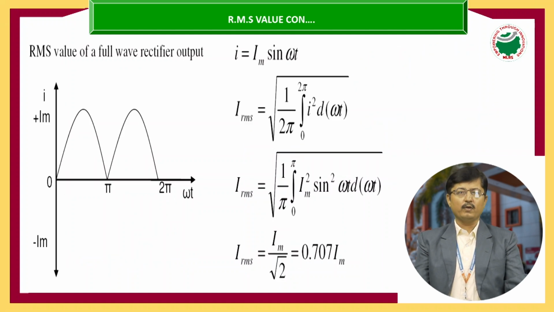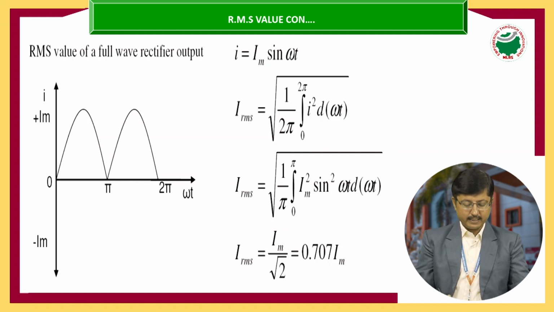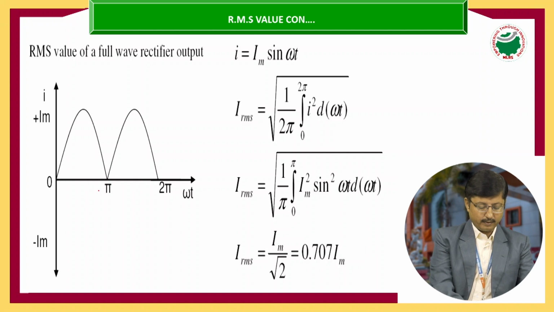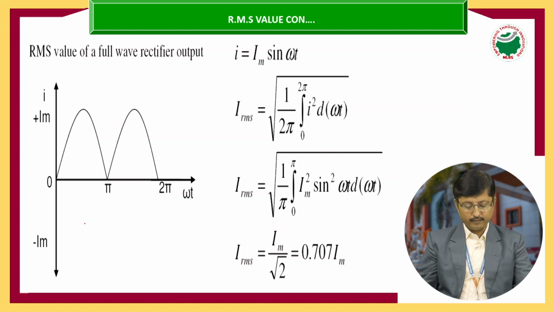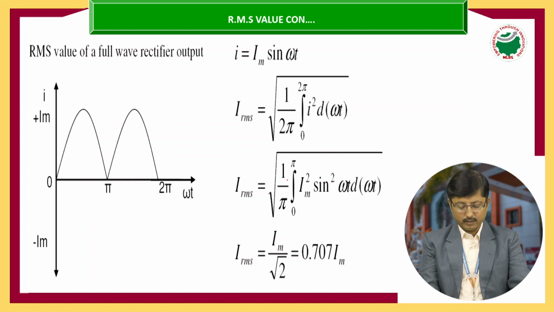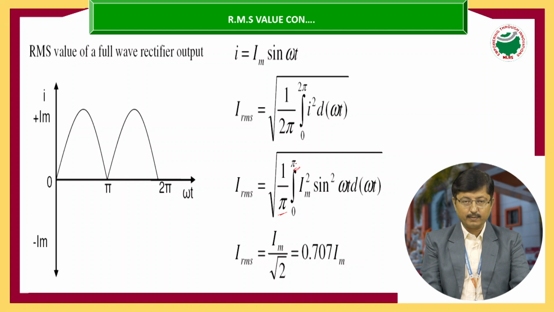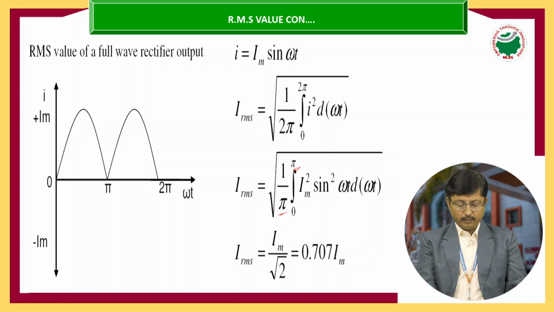Similarly, the RMS value of a full wave rectifier. For a full wave rectifier, every cycle repeats, so I am taking only the half cycle here. So I_RMS equals the square root of 1 by pi integral 0 to pi of I_m squared sin squared omega t into d omega t.